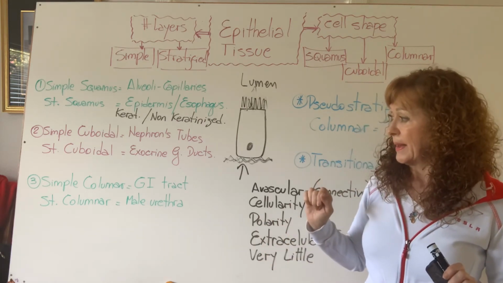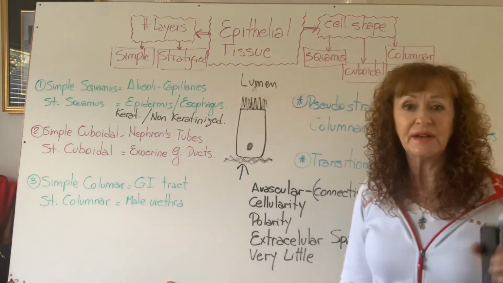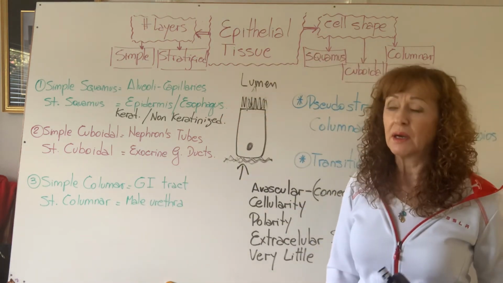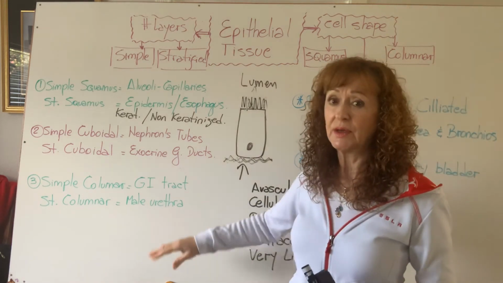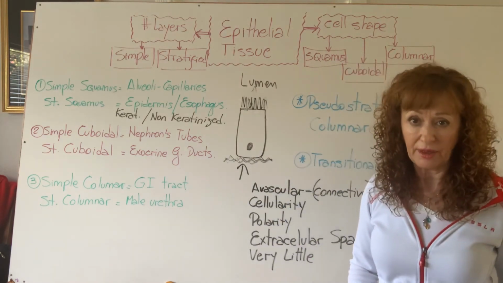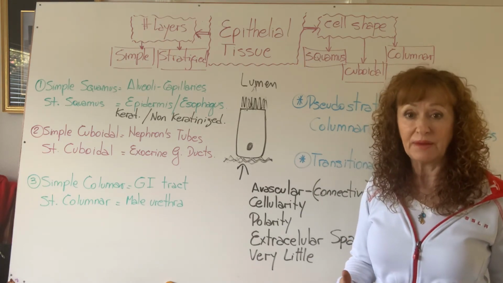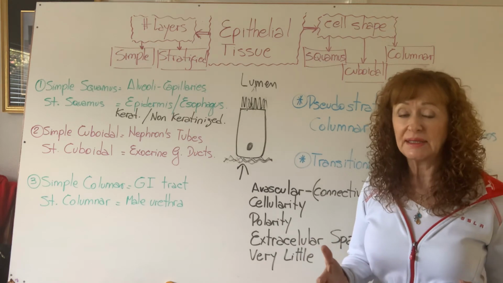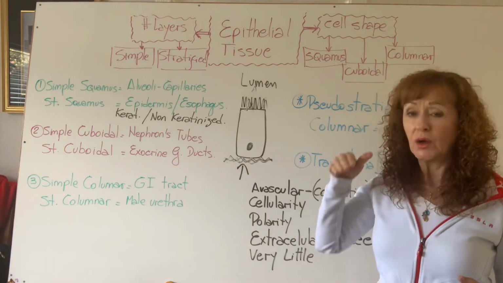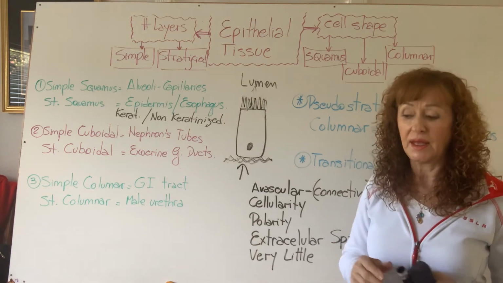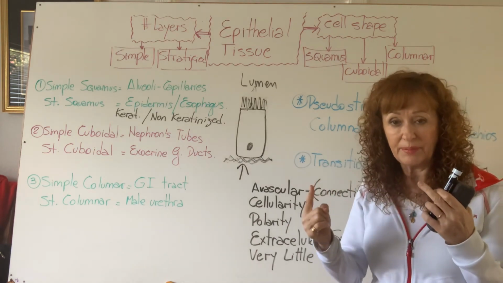Now, if we are talking about the stratified columnar, it's very rare. Pretty much the only place where you can find that type of tissue is in the male urethra. The male urethra originates in the urinary bladder for males, goes through the middle of the prostate gland, and runs in the middle of the penis.